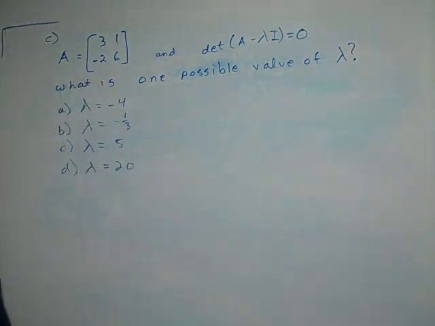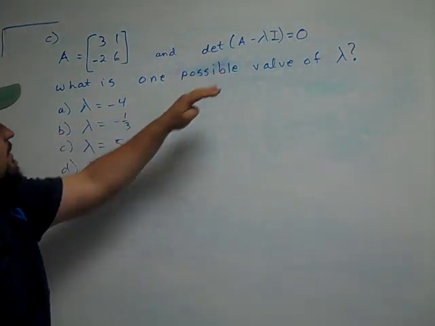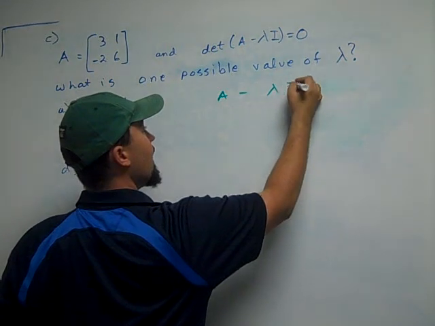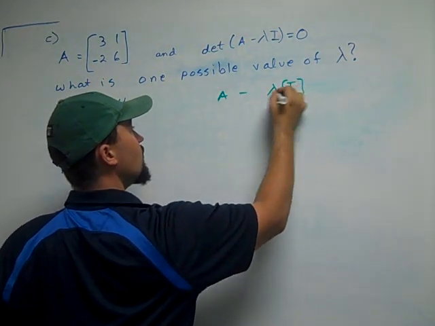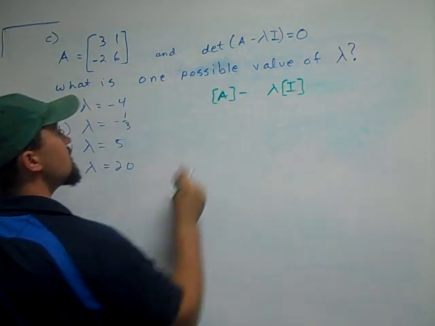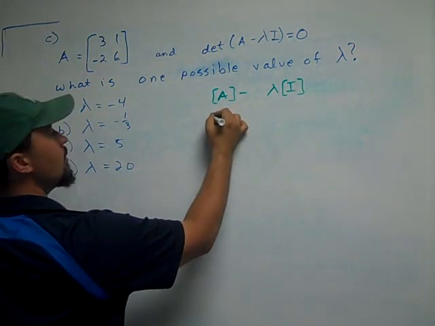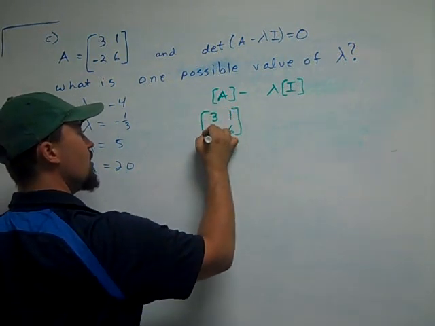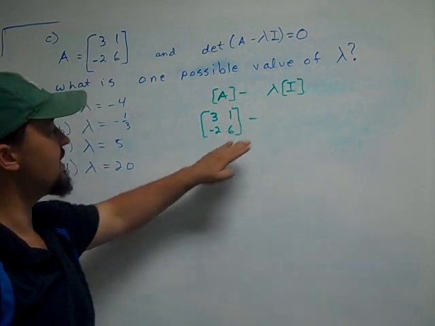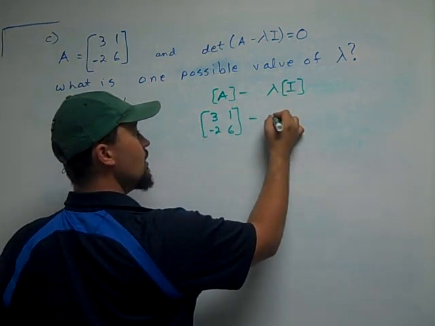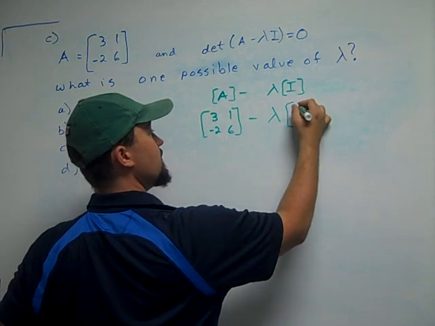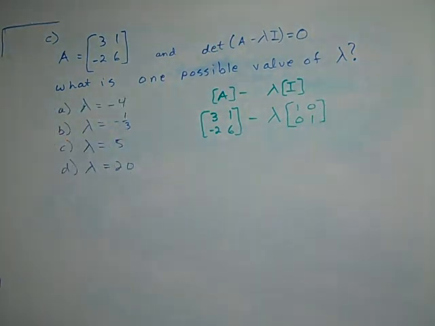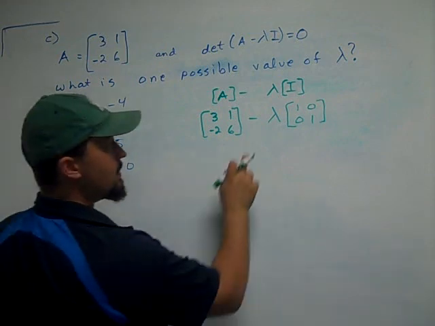Now, let's go ahead and write what matrix A minus lambda I looks like. So, lambda is a coefficient in front of the matrix, and it gets distributed to each and every entry.